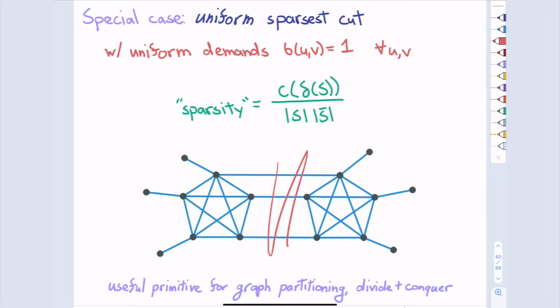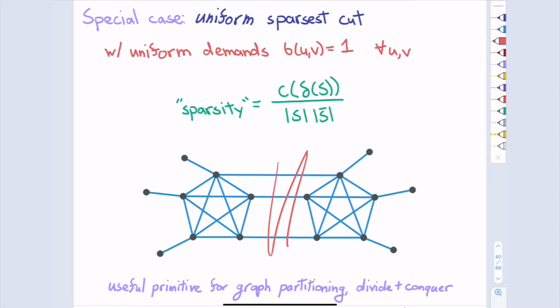Besides being useful for its own sake, a related problem is called balanced graph partitioning. In the sparsest cut problem you're allowed to output sides of roughly any size, as long as you have a good ratio.